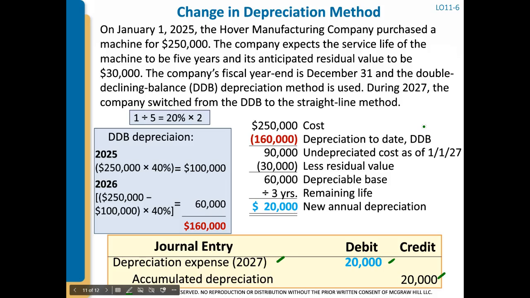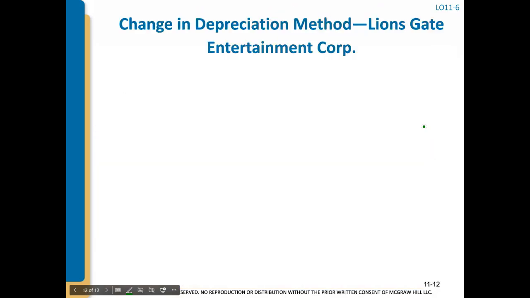This example is specific to a change in depreciation method. We can also do a change in amortization because we feel that a different method might better reflect the life of that intangible asset. So this is depreciation, but the same rules apply whether you have a change in method for intangible assets or natural resources.